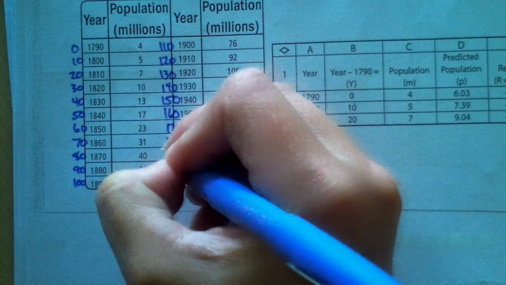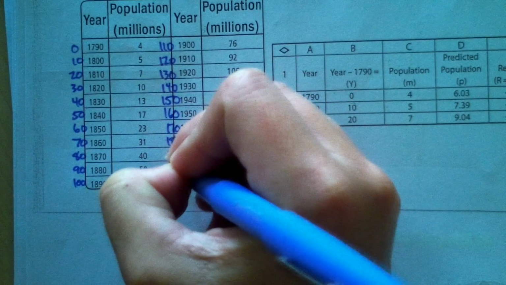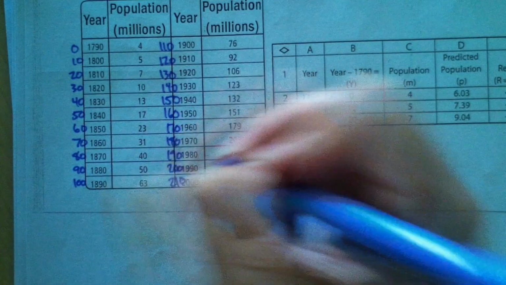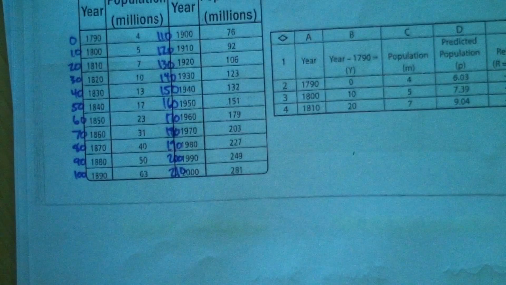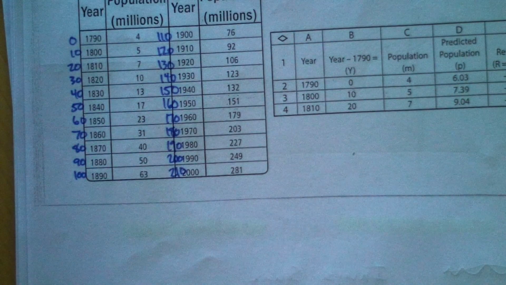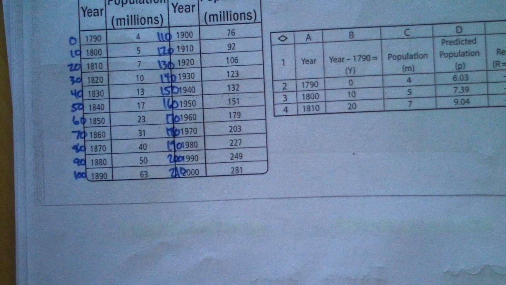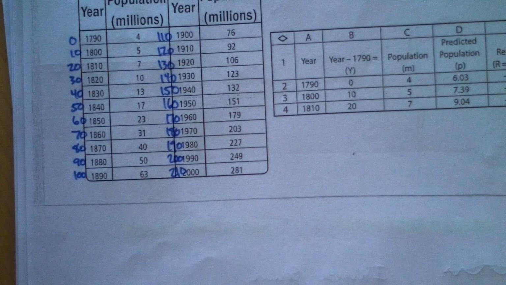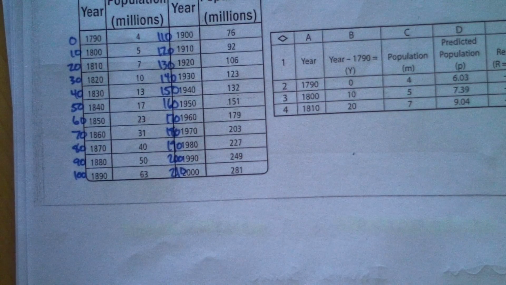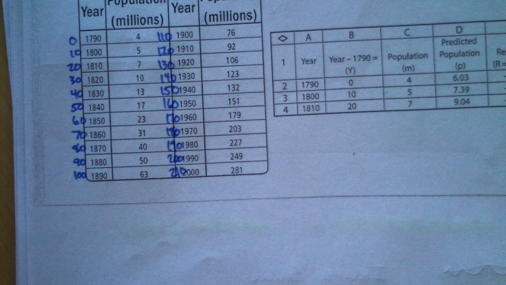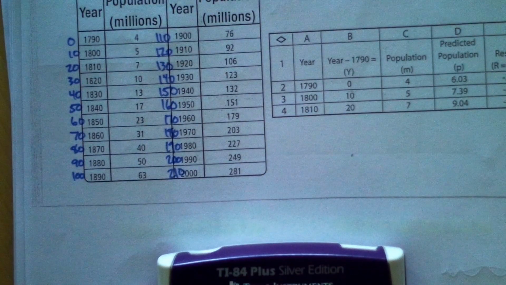Okay, so then we're just going to type that information into our stat button. So I just go stat, edit, get your lists up there just like we've done lots of times. And then again, writing those numbers in there for the year as our X values. And again, don't use the actual year, use what we just figured out there, like the 0, 10, and so on.